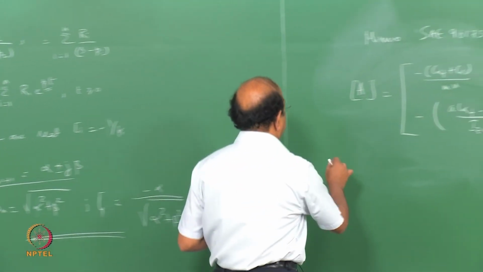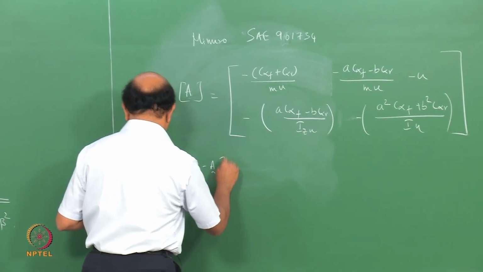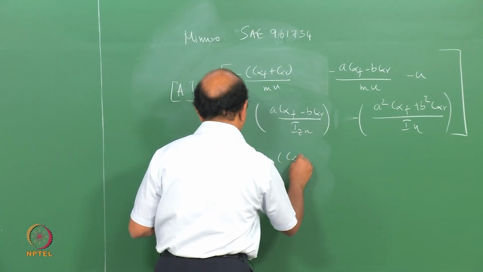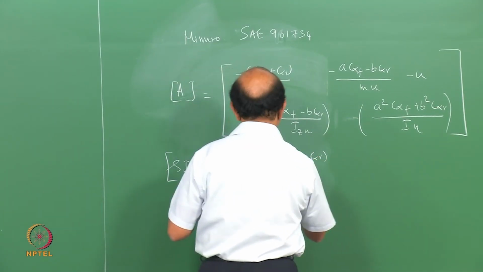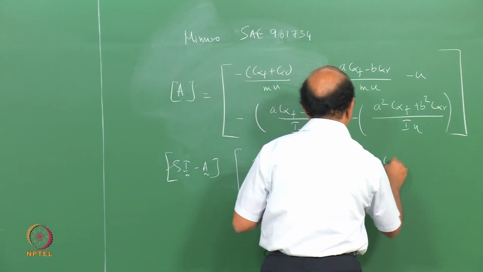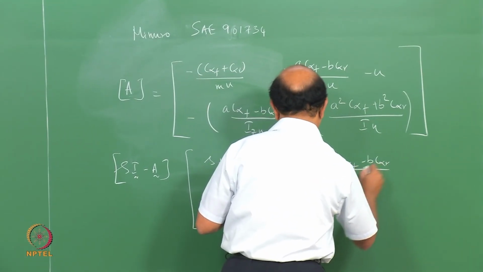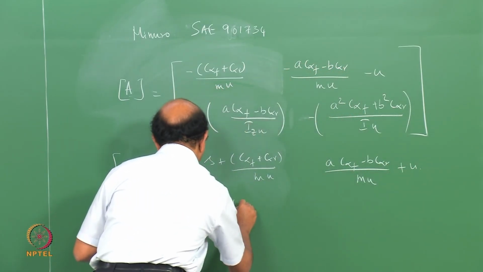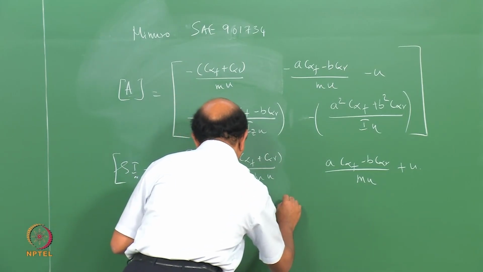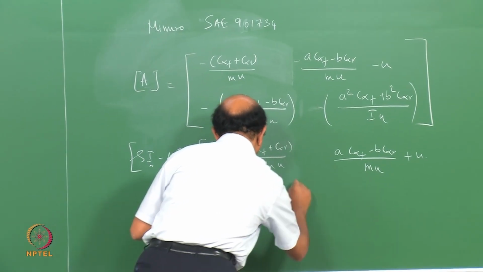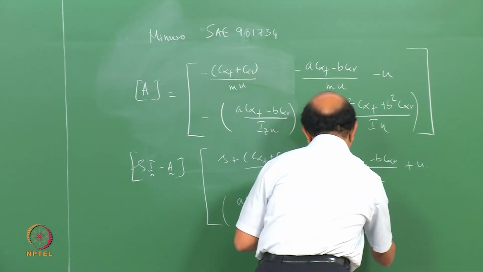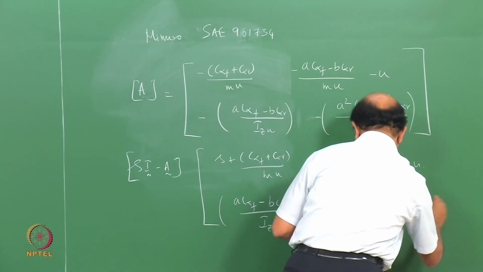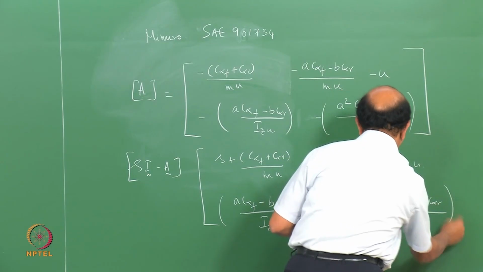Right. So the next step is sI minus A. Put that here: s plus (C alpha f plus C alpha r) divided by mu, (a C alpha f minus b C alpha r) divided by mu plus u, (a C alpha f minus b C alpha r) divided by Iz u, s plus (a squared C alpha f plus b squared C alpha r) divided by Iz u.